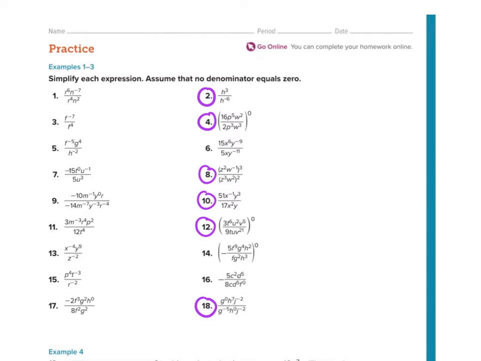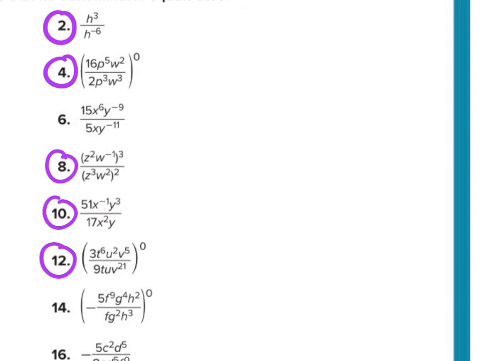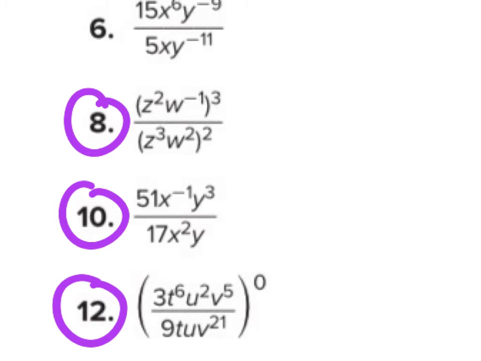Okay? Let's look at 8 real quick. So 8 has the power of a power first. I know that because of those parentheses with the exponent right outside, okay? So everyone should have 8 written down here. So I take the 3 to everything. So what do I do when it's that double power?